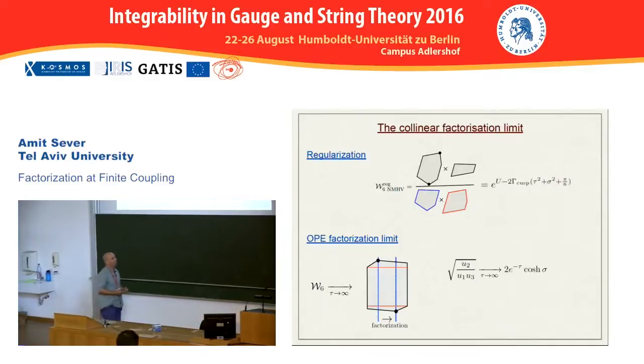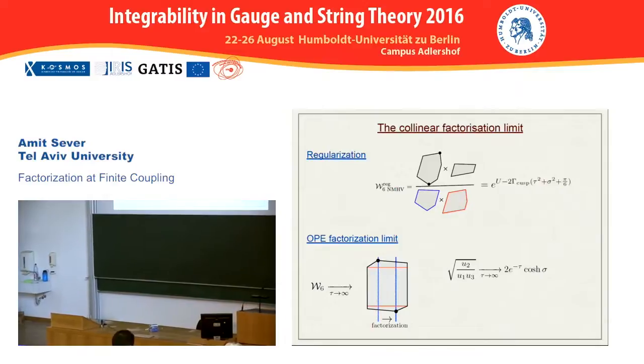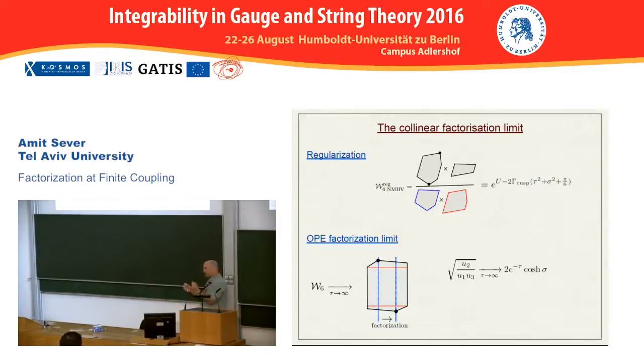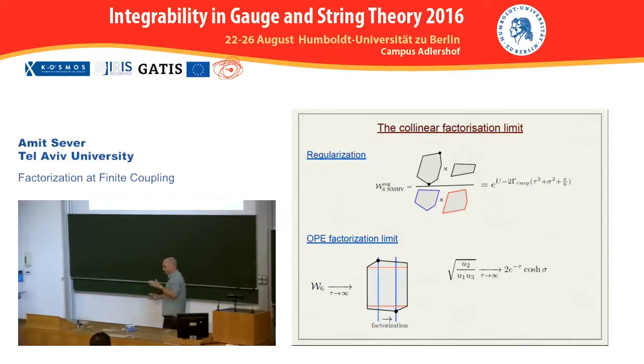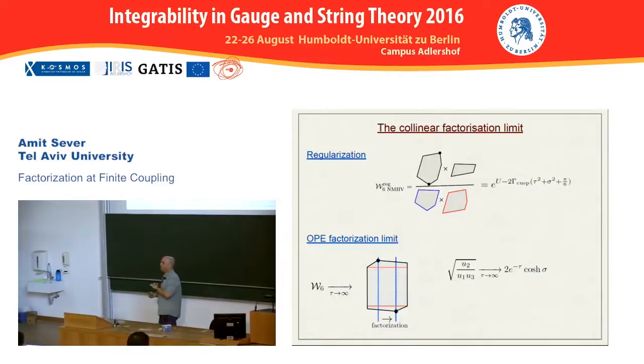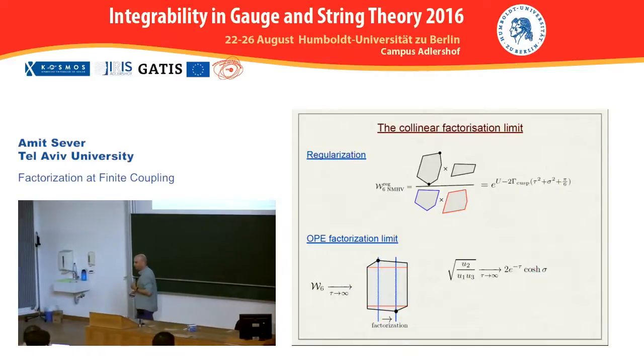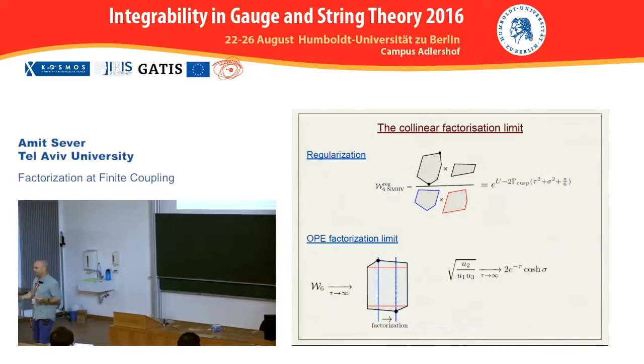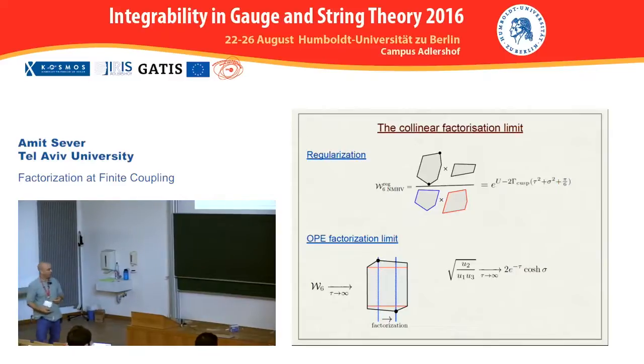To be more explicit, the square root of y, which is the parameter that goes to 0 at the factorization point, at large tau is just given by e to the minus tau times cosh sigma. So you see that the collinear limit and the factorization limit are kind of orthogonal directions to each other. This is what allows us to approach the factorization limit from the collinear limit, because the two limits commute, we see there are two different directions.